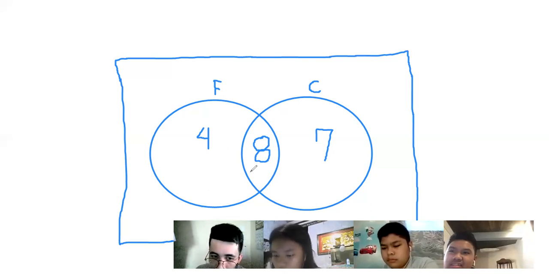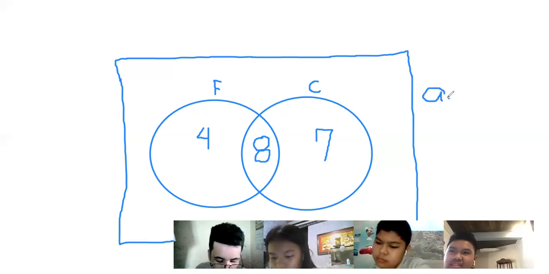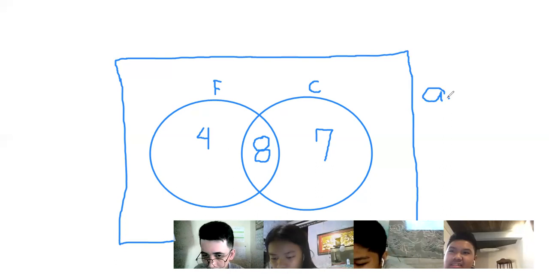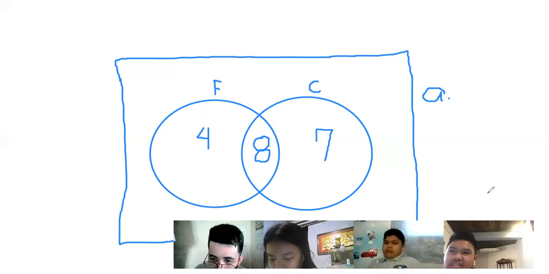So, how many students are taking both subjects, Chinese or French language? What should be the answer? Because the question is, how many students prefer French or Chinese? They prefer to choose French or they prefer to choose Chinese.